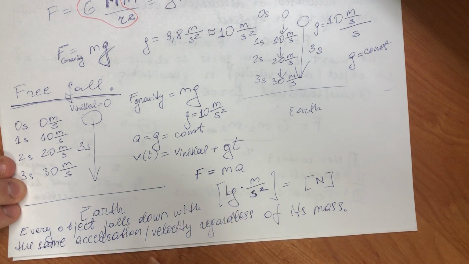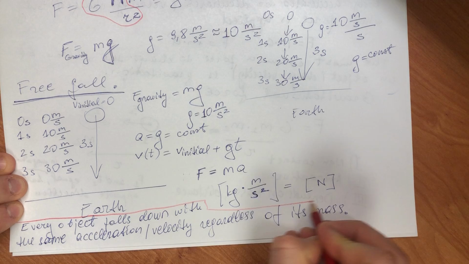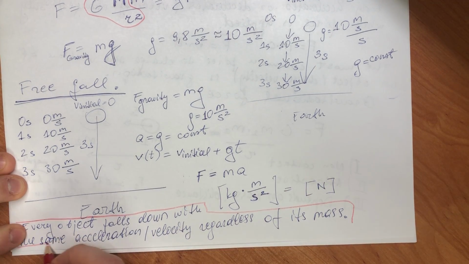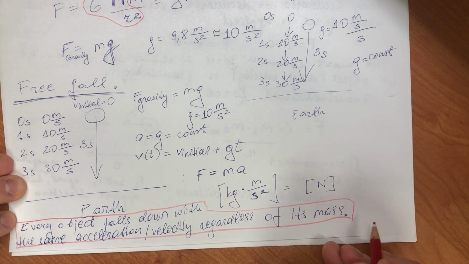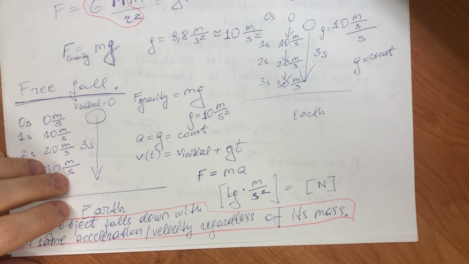So this, although it's written here in the corner of the page, is a very important notion: from free fall, every object is falling down with the same acceleration or velocity.